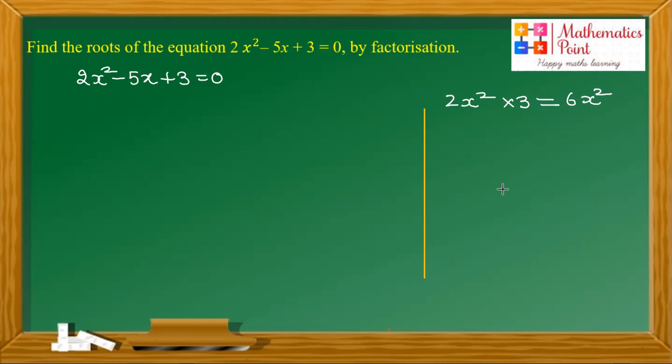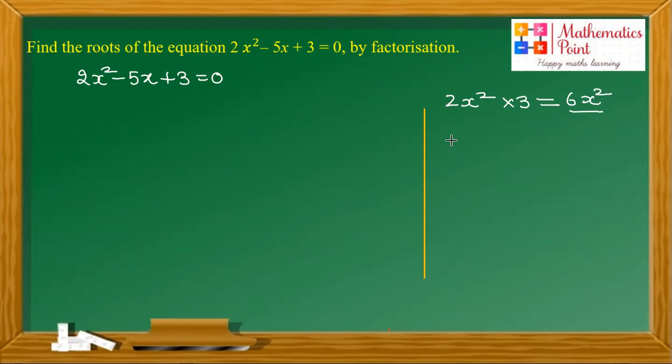Now we have to find two such numbers which when multiplied together will give us 6x square as the product, and when added they should give us minus 5x as the sum. So what are the possible numbers?